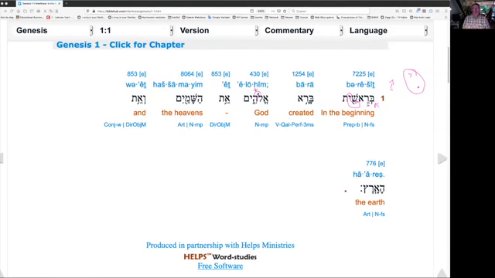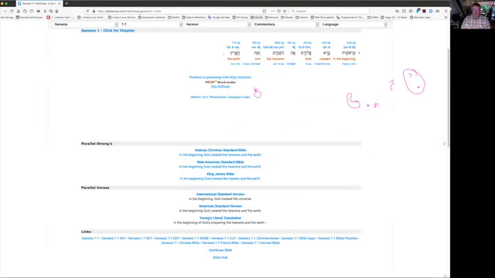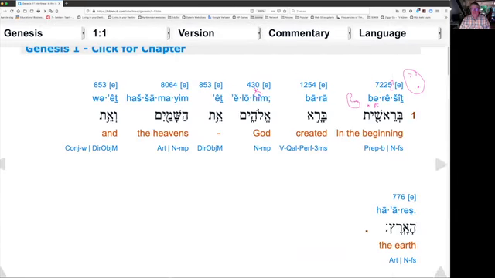Maybe even bigger. Try to make it bigger. Yeah, that's as big as it goes. The Cholam is over here. You see it on the left side top of the Lamed.